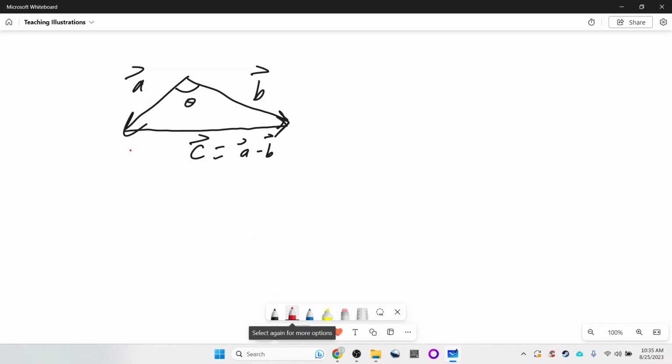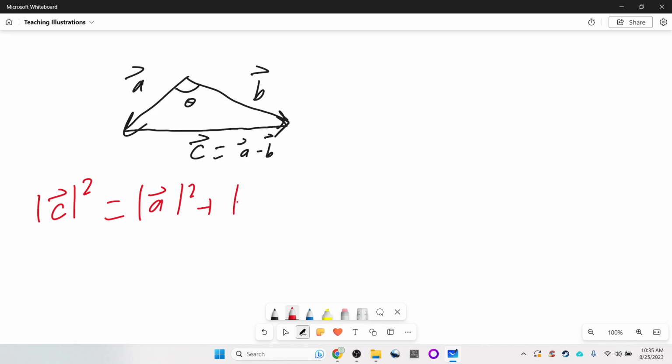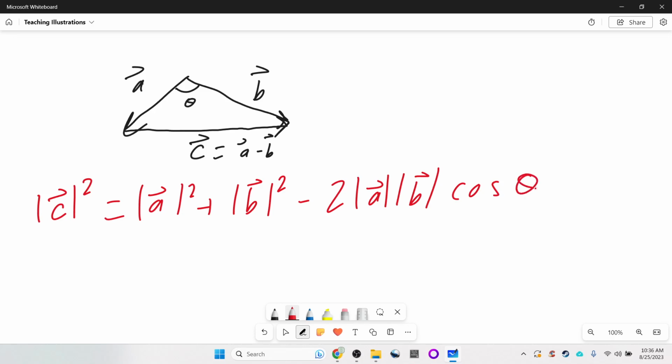Now, that's a statement about numbers, not vectors, so we'll write it as length of C squared equals length of A squared plus length of B squared minus 2AB cosine of theta. Or C, whichever.